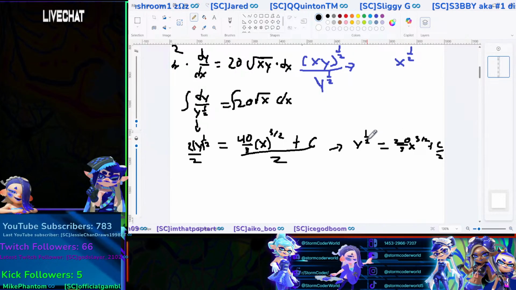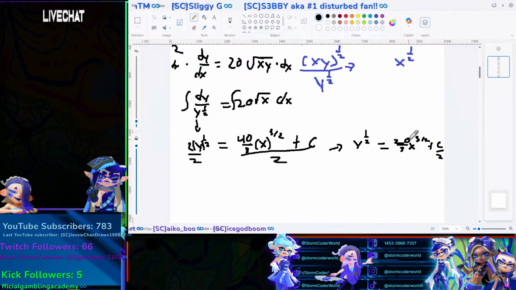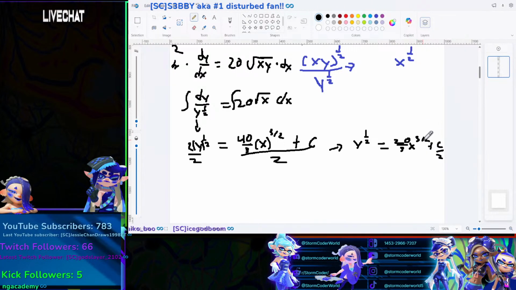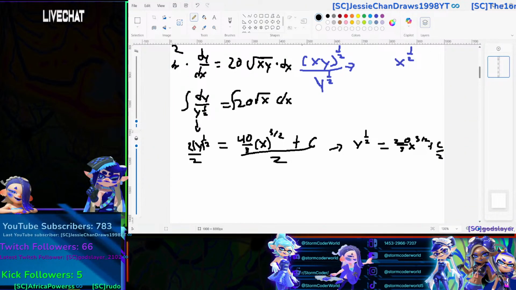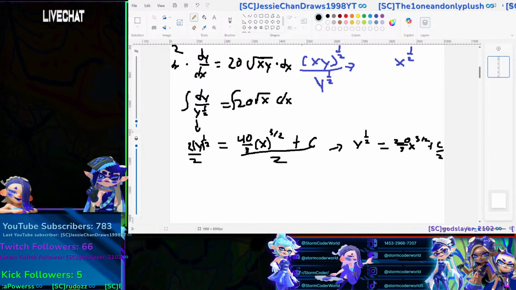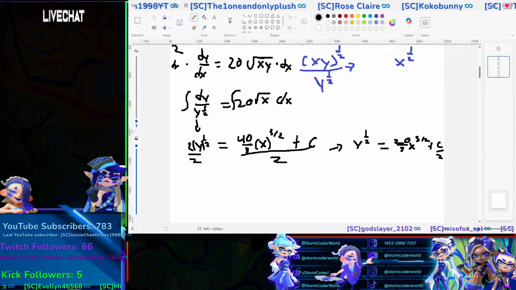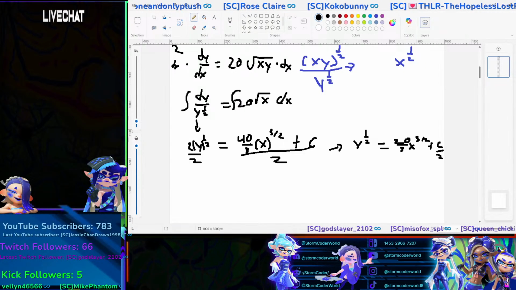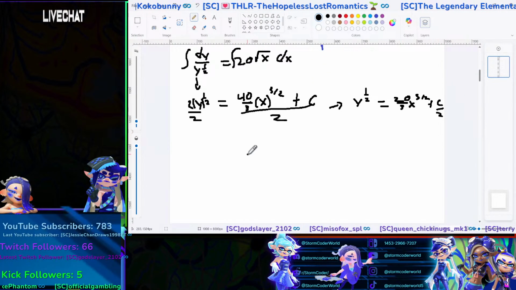So from here, if I square this, I'd be able to get y, but then I have to square this function, which would get rid of this exponent. So I have x to the 3rd here, and then I have c squared plus 2. Now that will be my general solution. Yes, that would be my general solution. And it wouldn't really matter that I squared this because the constant is still going to be the same.